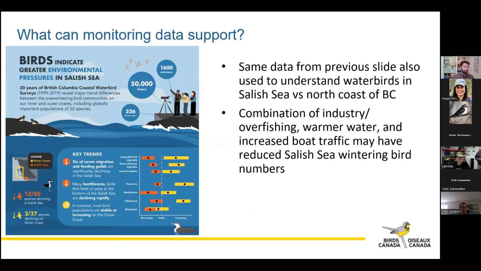Based on the results, we surmised that a combination of industry and overfishing, warmer water temperatures in the Salish Sea, and likely increased boat traffic have made it so that Salish Sea wintering bird populations have declined greatly, but the northern coast and more remote sections of the coast where there's less of this disturbance are doing better. And so it's after years of standardized monitoring, and comparing different areas, that we were able to tell what was going on in the Salish Sea.